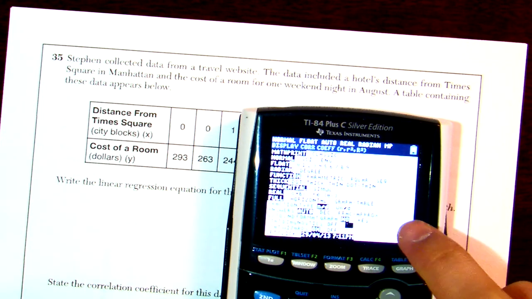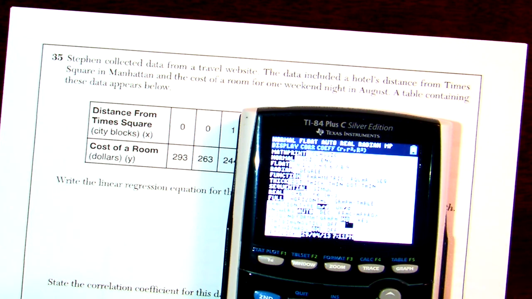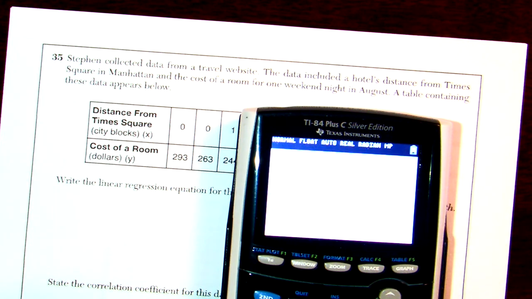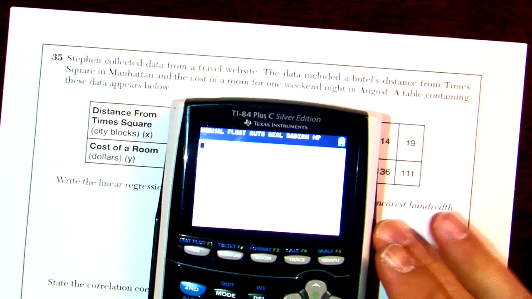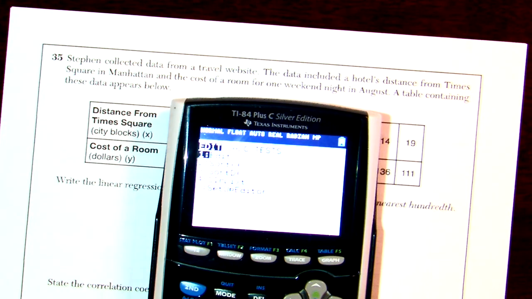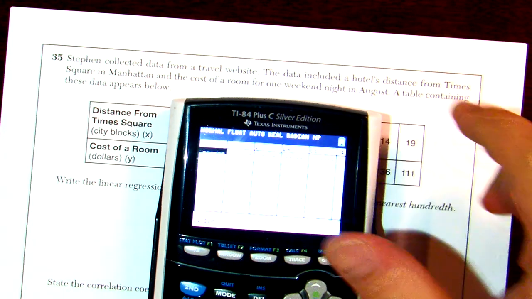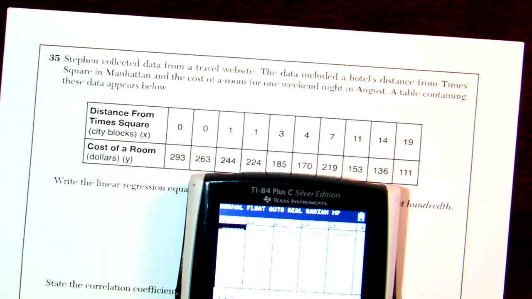So you go down, hit on, quit out of there, and then go to stat. We're going to edit. If there's anything in there, clear it out. Line 1 is going to be our x, so we're going to plug all those in.